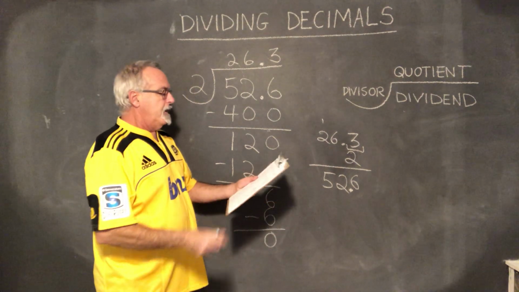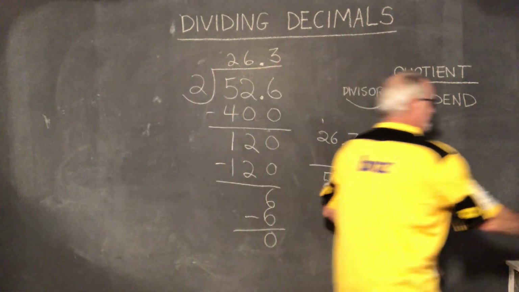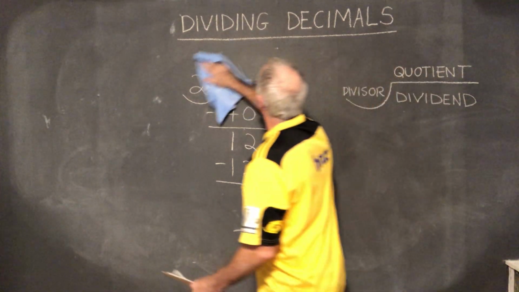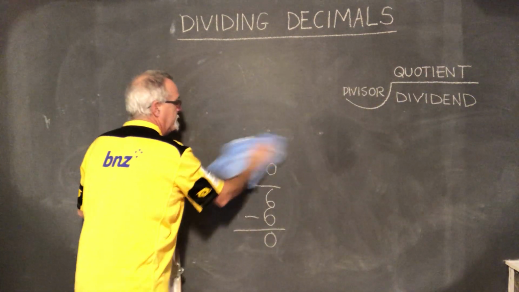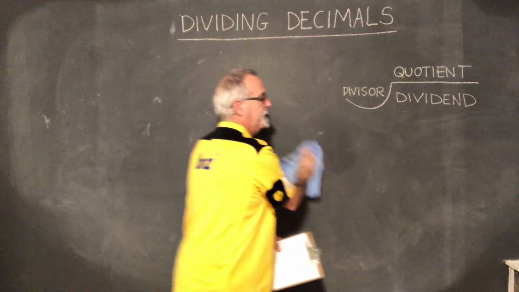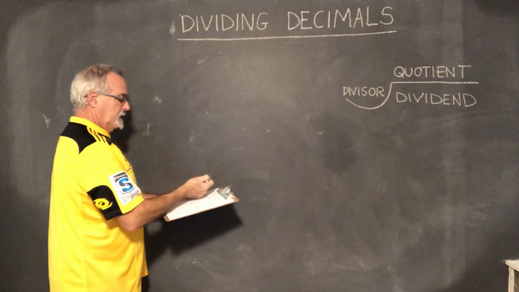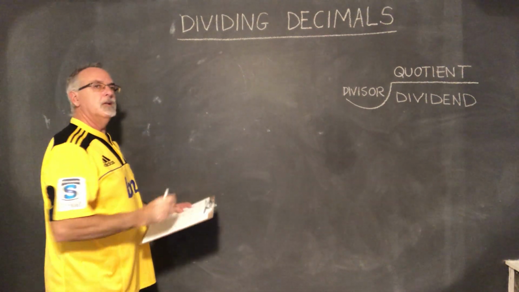Okay, now next question. I need to erase my verification, erase my division. Lots of examples. This time I'm going to say it the way you normally say a division.